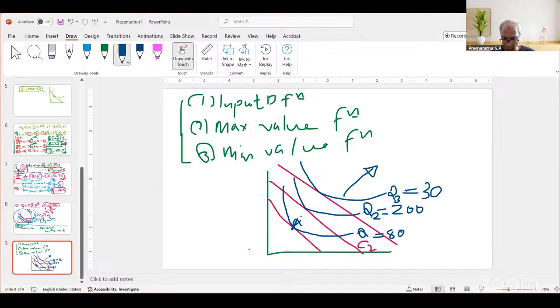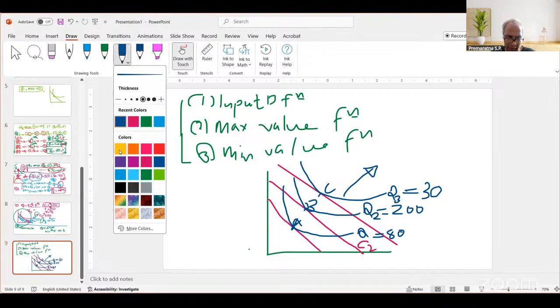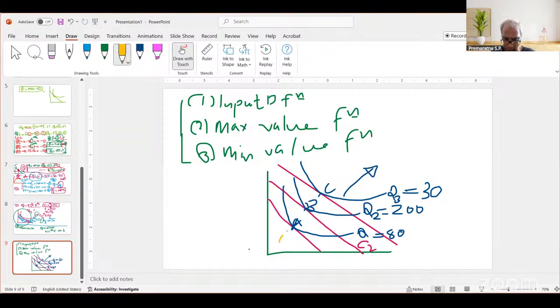So you can see the producer moves along the optimal points from A to B to C. So that's the line the producer moves along. It's an orange line. That line is what we call the expansion path.